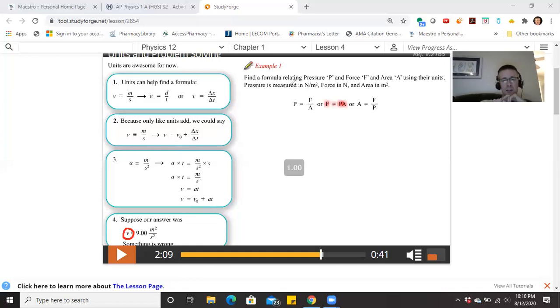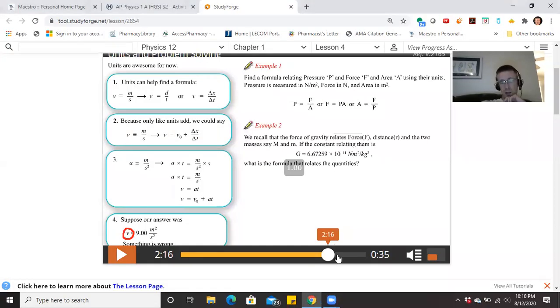Now the rest of this lesson is basically just example problems and demonstrating how these equations match up with our units. So I'm going to allow you to look through those yourselves. One thing I do want to mention though, and I mentioned this in the last recording, once again, we're assuming you've already taken a little bit of physics at this point, but even if you're not totally up to speed on introductory physics, if these formulas don't look familiar to you, I wouldn't be too worried about it, because we're going to go over these again.